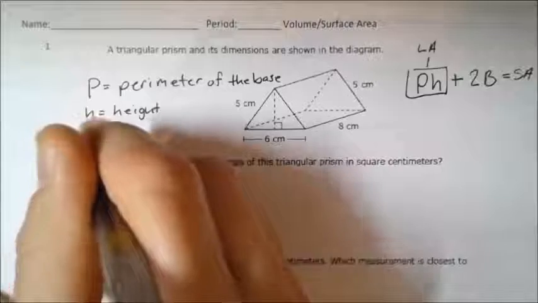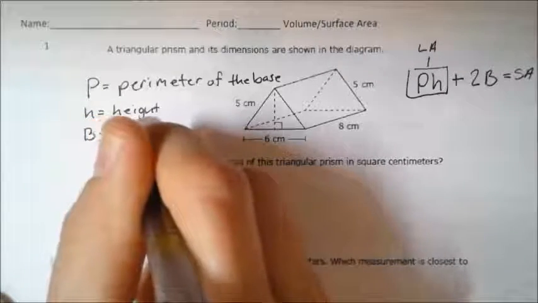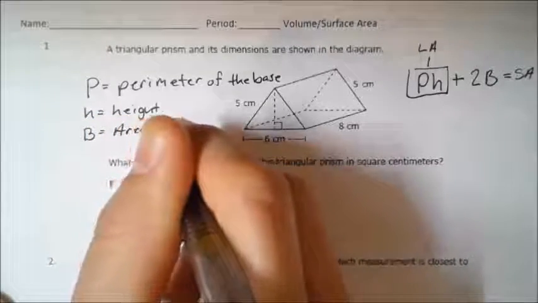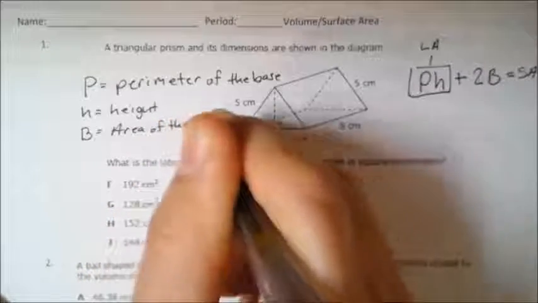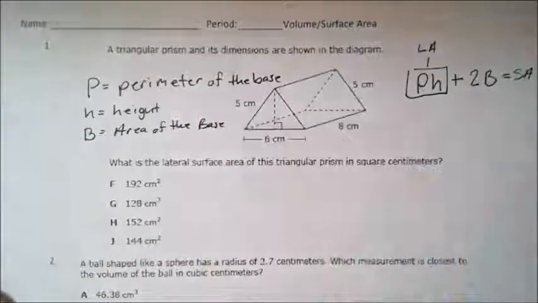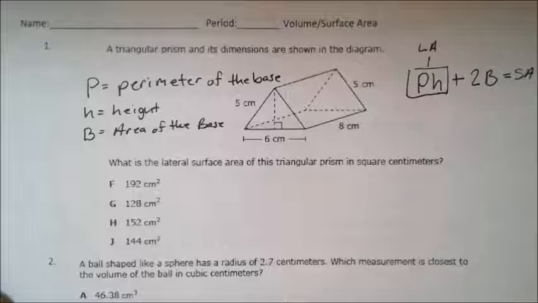And then your big B is the area of the base. So keep those things in mind as you do all these problems, because all the problems that we're going to do today are going to be either volume or surface area.